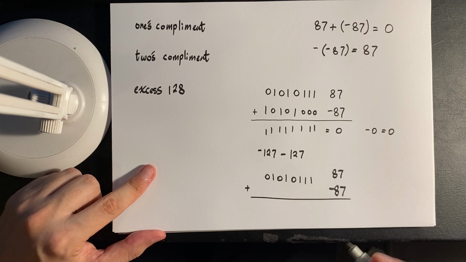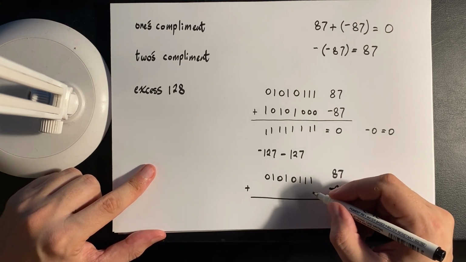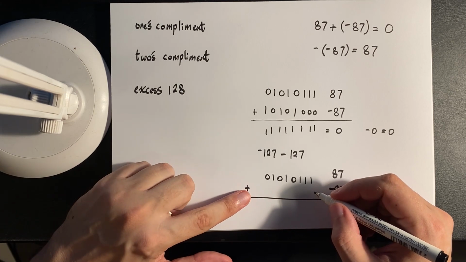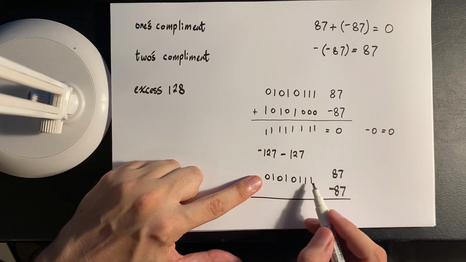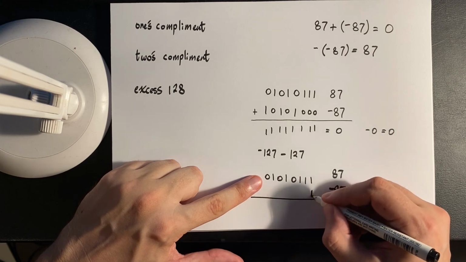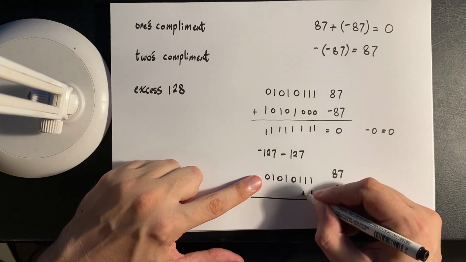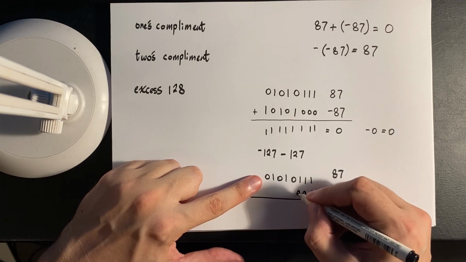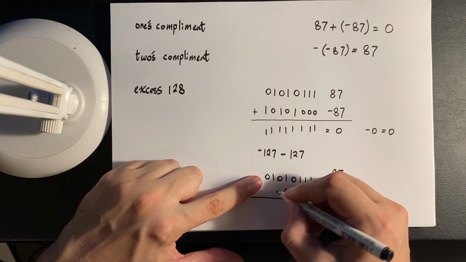You'll see what happens. A trick for inverting under 2's complement is I keep writing out the number until I see the first 1. There I have it. From that point on, I invert everything. This might be a bad example for this, because I just see the first 1 straight away, but anyway.